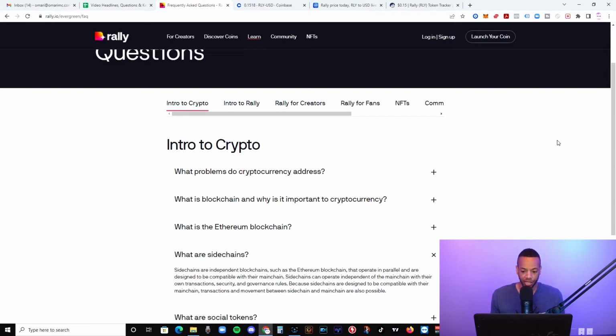A sidechain is centralized. You'll hear decentralized and centralized in crypto a lot. Centralized just means that there's a central authority to it. That's a typical company, right? You have a CEO, staff, making a lot of the decisions for the company. Decentralized is that there's no one central authority.